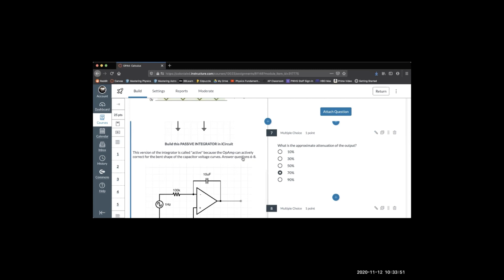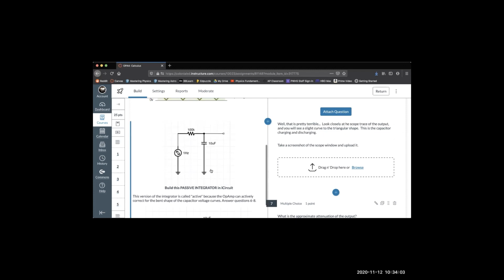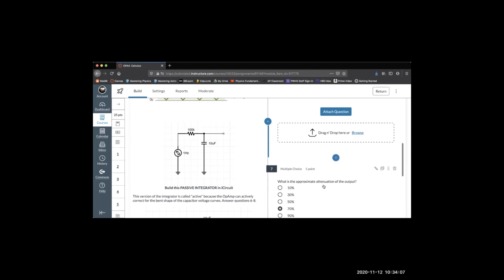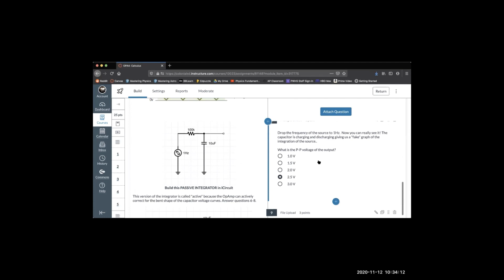So I'm losing about 7 volts off this thing, which is 70% of my initial signal. The signal is badly attenuated. So the point of the whole thing: passive integrator, bad. 70% attenuation is awful.